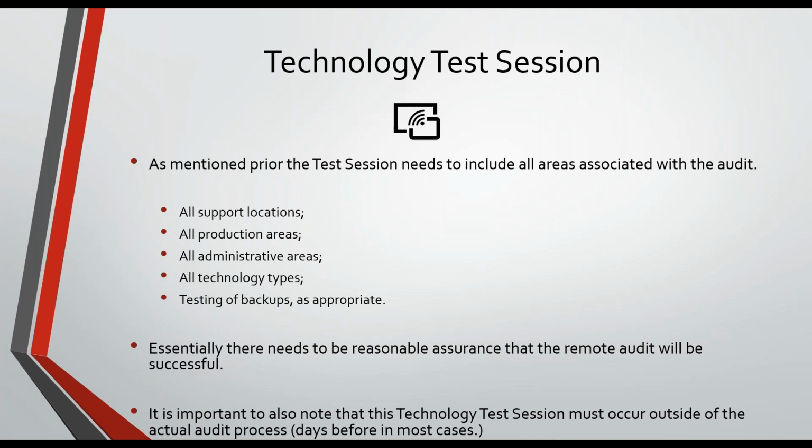And again, this technology test session needs to occur outside of the actual audit process, days before in most cases. So if you have, for example, a production building and 3 warehouses, we need to conduct a technology test session at all 4 of those locations, if all 4 of them are to be included in the audit process. That's required by the COVID memo.